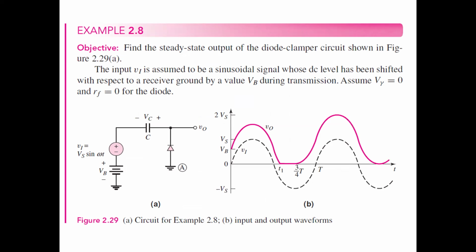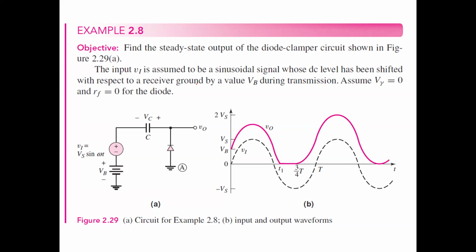Let's solve this example together, guys. In this example, we need to find the steady state output of the diode clamper circuit shown in this figure. The input voltage Vi is assumed to be a sinusoidal signal whose DC level has been shifted with respect to a receiver ground.